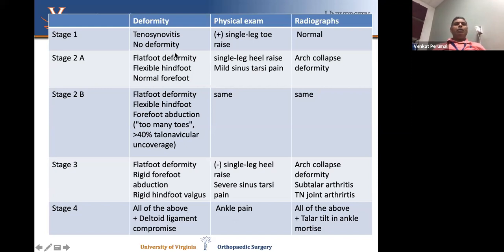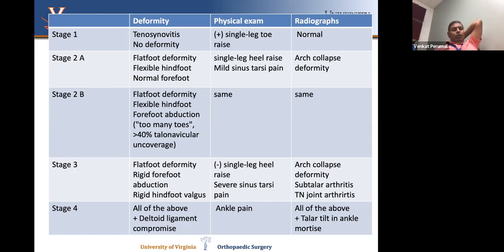These stages are very important to know, so that we can treat according to the stage of the deformity. Stage 1, just inflammation of the tendon. They have usually pain, no deformity. They should be able to do a single leg toe raise. Stage 2, there is a flat foot deformity. Hindfoot is in valgus, but you can correct the deformity.